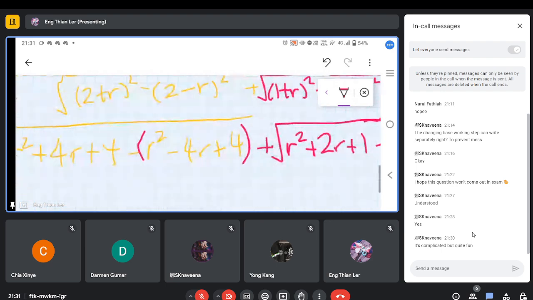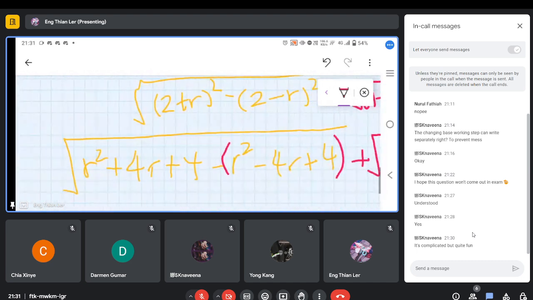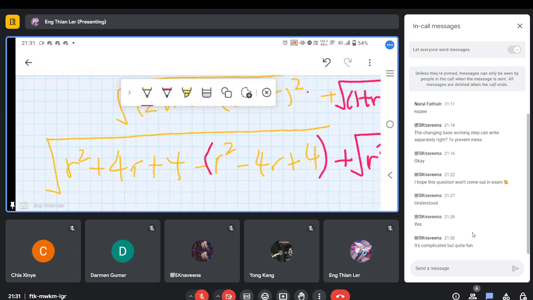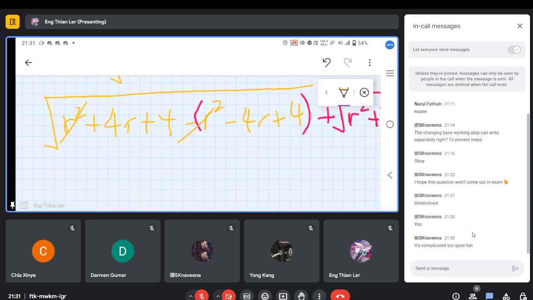Yes, it's complicated but really fun, I can admit. So compare. Finally, the cancel part. This and that cancel. The minus become plus, and the plus 4 and minus 4 cancel. So what we left in this, we got 8r in this square root.